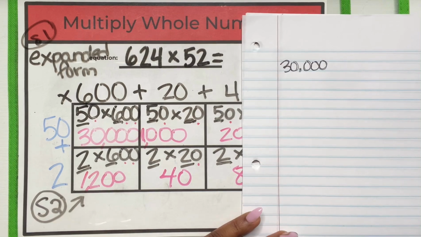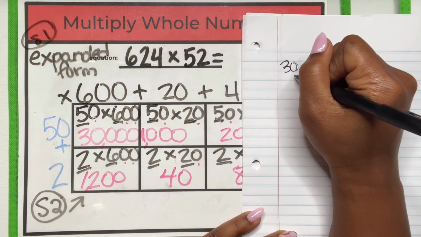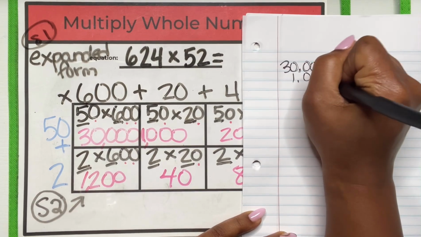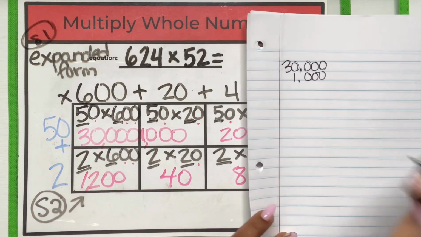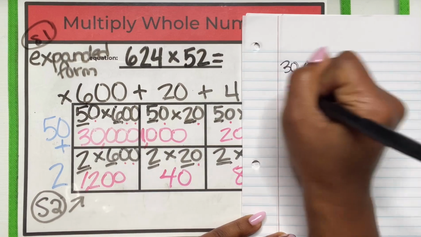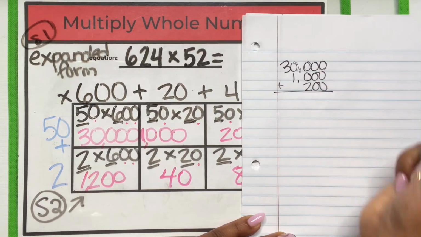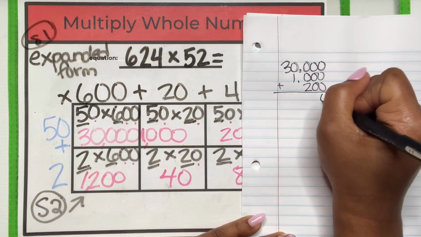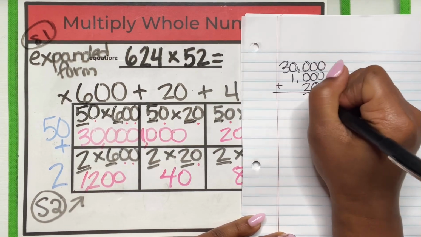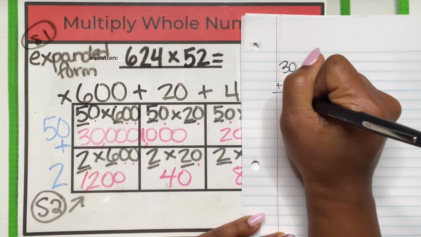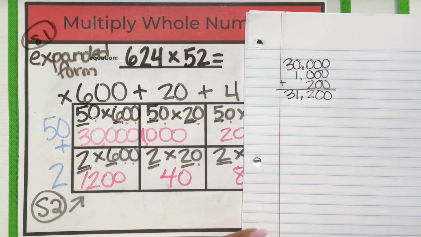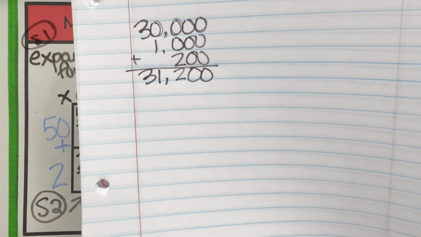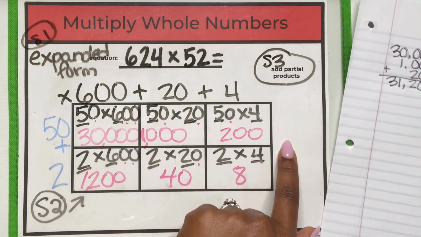Okay, 30,000 plus 1,000, which is 31,000, plus 200. This is row 1. Always start in the ones place. 0, 0, 2, 1, and 3. So you have 31,200. 31,200. That's what we have for row 1.